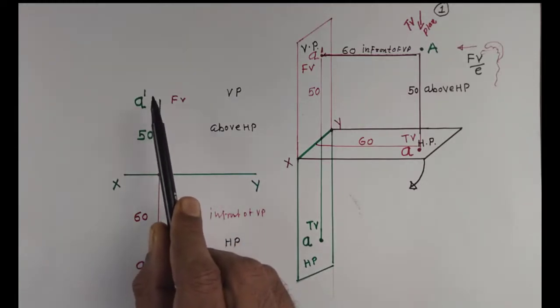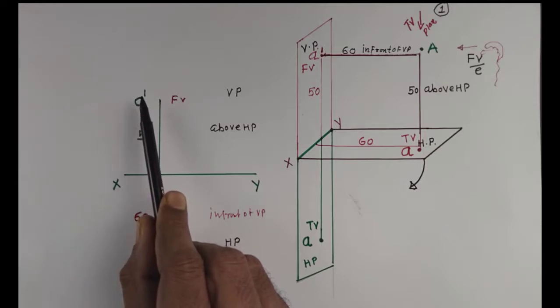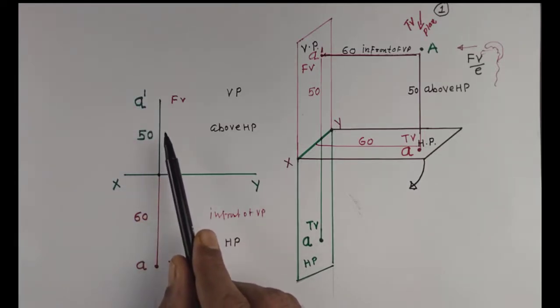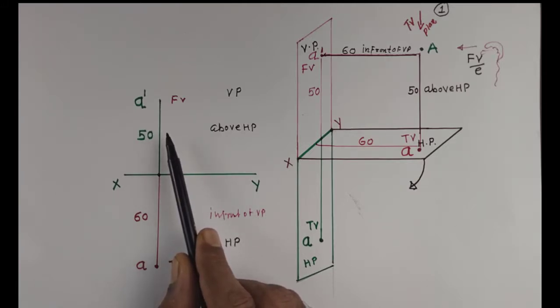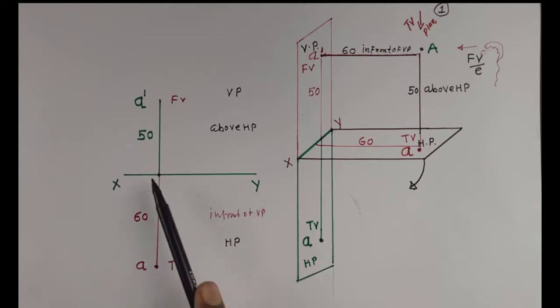The condition with HP means it is A dash, the elevation. 60 mm in front of VP means where is my projection? It is below the XY line, in the downward direction from XY. So I draw the 60 mm dimension. The condition with VP, in front of VP, means it is my plan point, the top view point. I mark the top view point 60 mm from XY.